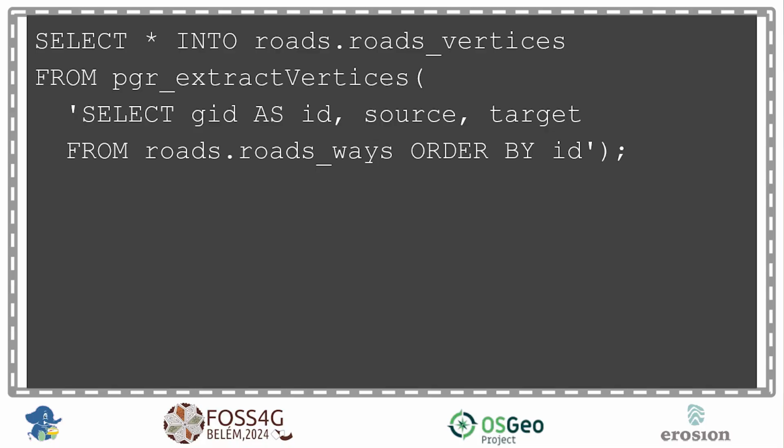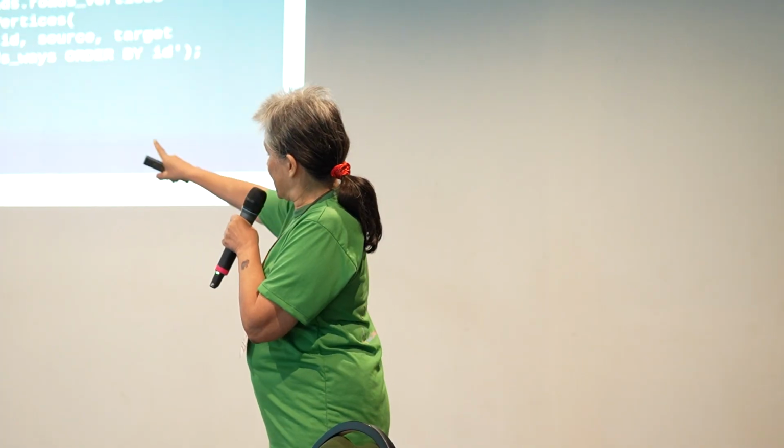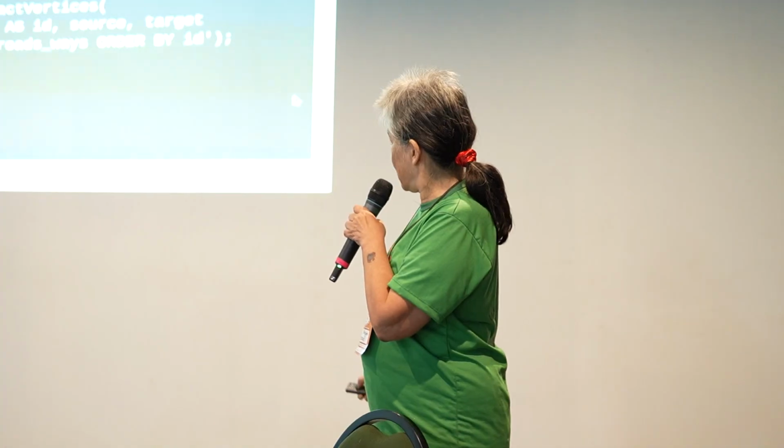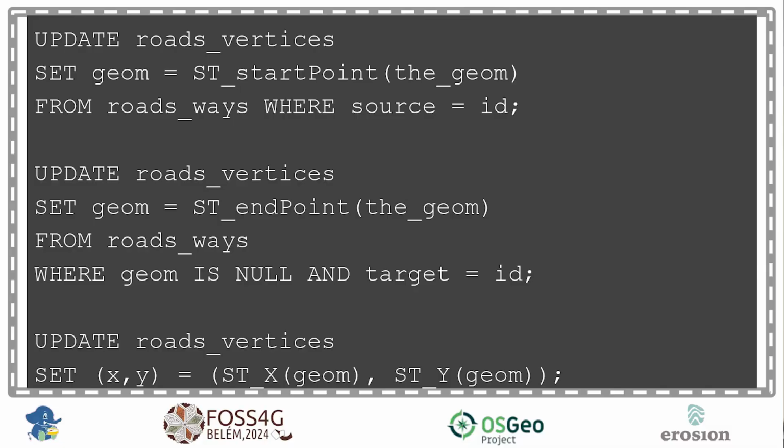So the first thing we're going to do is select into a vertices table the results of extracting the vertices from our edges, which is done with the function pgr_extractVertices.